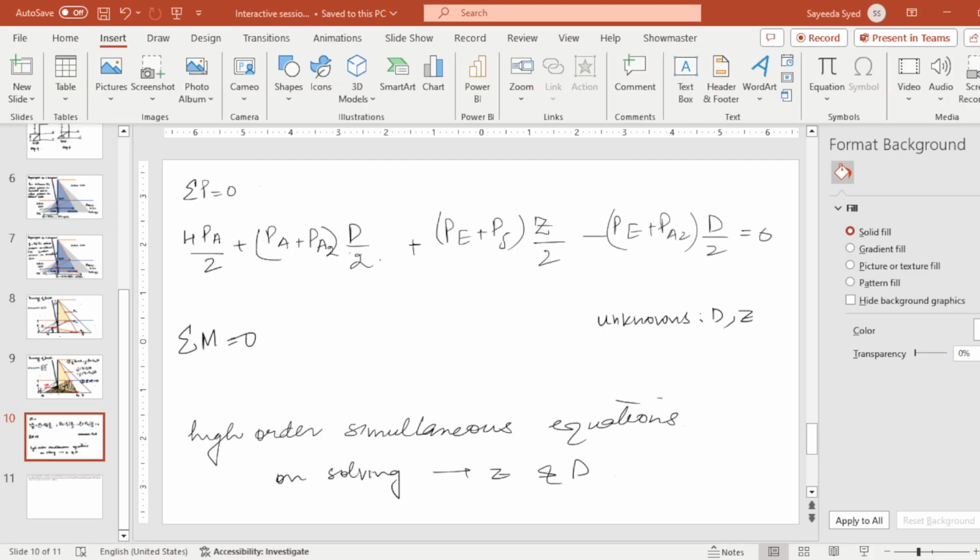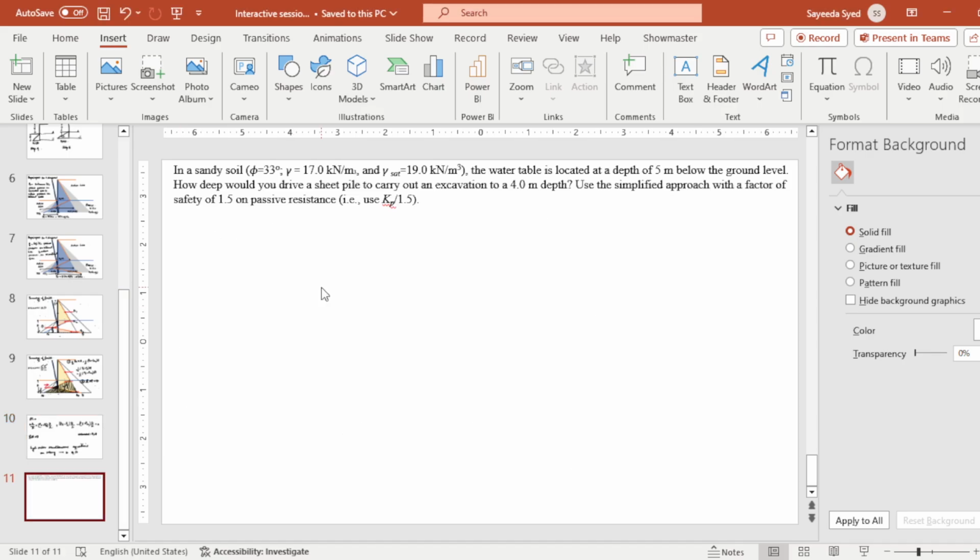So this is the question. In a sandy soil with phi equals 33 degrees, gamma is 17 kilonewton per meter cube, and gamma saturated is 19 kilonewton per meter cube.